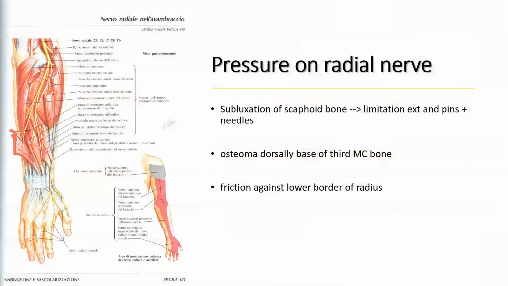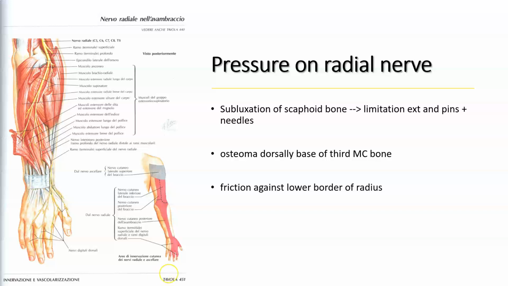Pressure on the radial nerve could be related with a subluxation of the scaphoid bone, could be related with an osteoma or friction against the lower border of the radius. So if there is a structural problem, of course, something needs to be done.